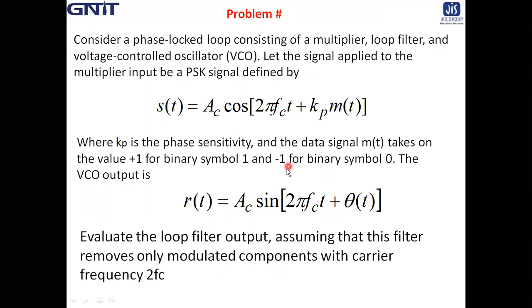So how to solve the problem? Actually it is a PLL with a VCO, and at the input of the loop filter we apply basically a PSK signal.